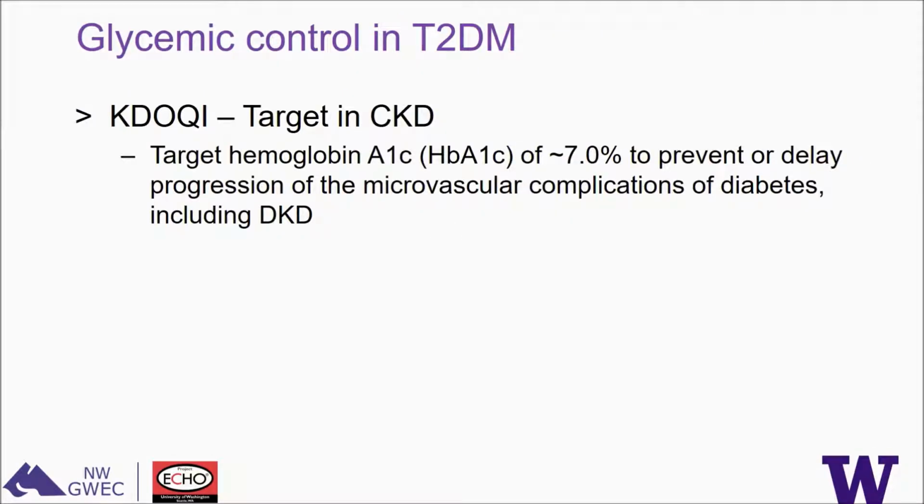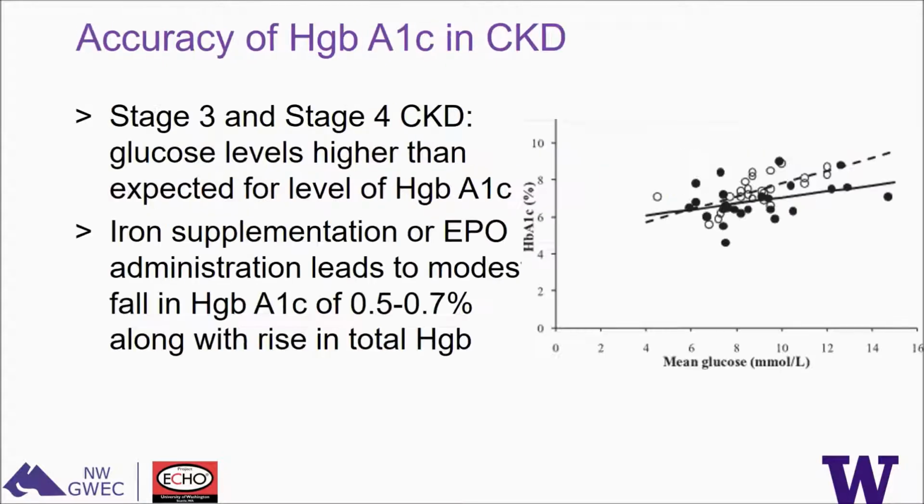Given this data, the expert guidelines recommend that you target hemoglobin A1C of approximately 7 in these patients with CKD. And there's a biologic basis for that, and that is that in advanced CKD, there's not a good correlation between the mean glucose and the hemoglobin A1C.